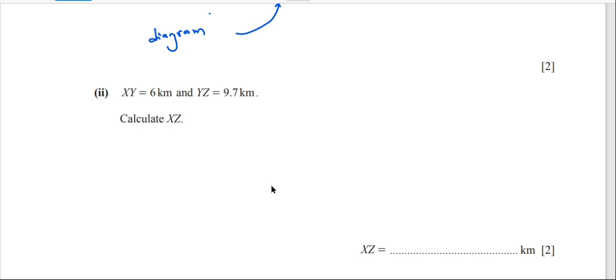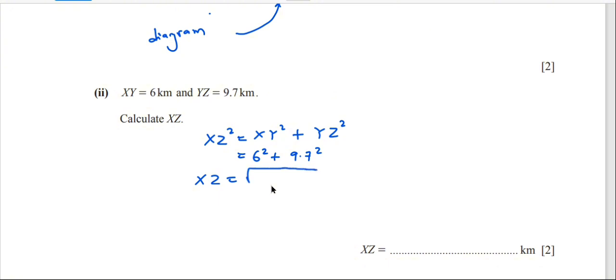XZ squared is equal to XY squared plus YZ squared, so XZ is equal to the square root of 6 squared plus 9.7 squared. With your calculator, you get your answer, which is 11.405. So you can just write your answer as 11.4 kilometers. All right, so let's move to the next one.